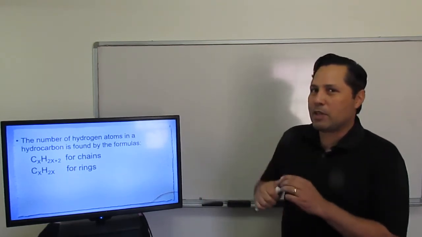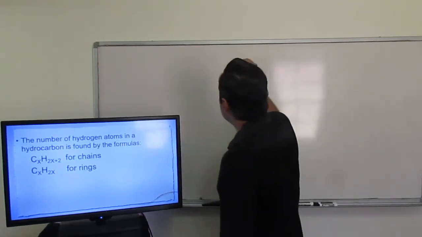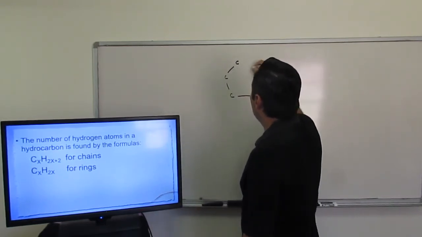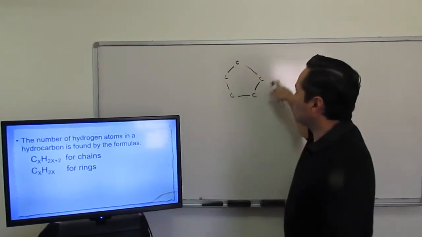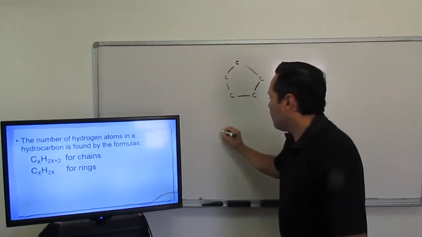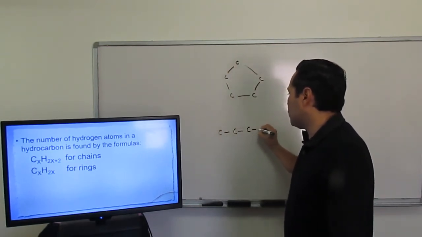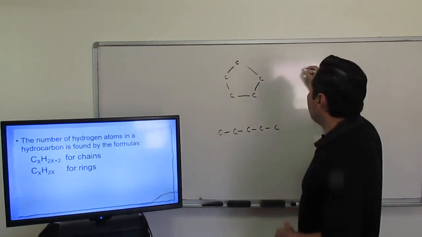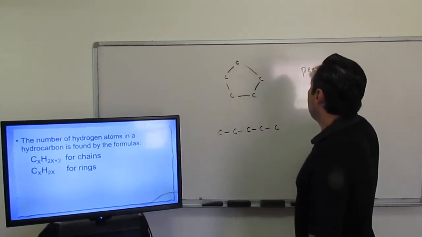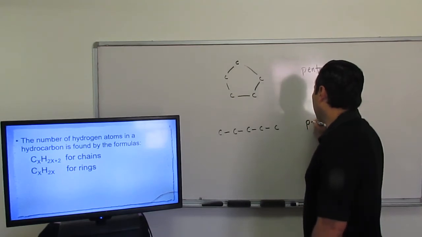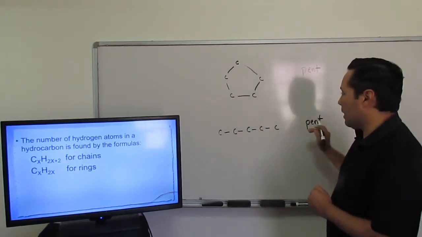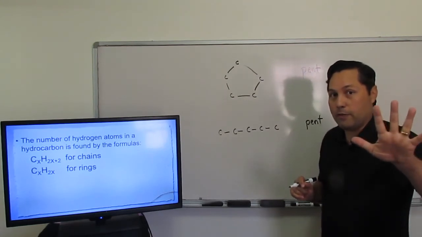So, naming those, let's say I have 5 carbon atoms. So there's my first one. Notice in the shape of a ring versus 5 carbon atoms in the shape of a chain. So they both have 5. So the stem of the word would be pent for both of these. Pent. Both of them will have the same stem because they have pent meaning 5.